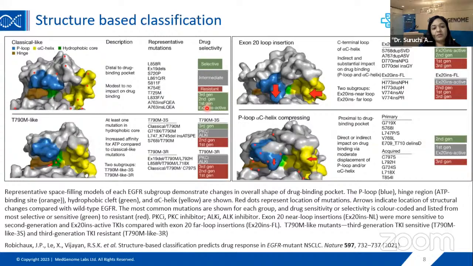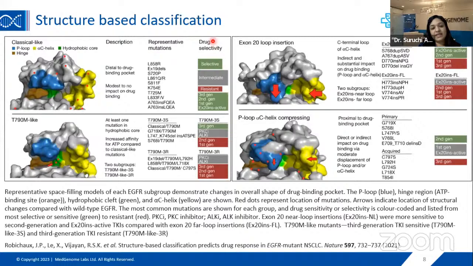This is another piece of data published recently in the literature, in a Nature paper, where they have shown a structure-based classification. Based on the position of the drug binding pocket, or different structural domains in the EGFR protein like the P-loop, alpha-C helix, hinge, or hydrophobic core, and how the drug binding pocket is arranged, these mutations have been classified into 4 categories: classical-like, exon 20 loop insertion, T790M-like, and P-loop alpha-C helix compressing, or PAC, mutations.